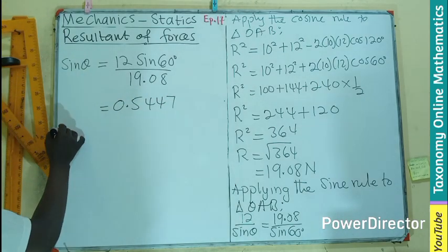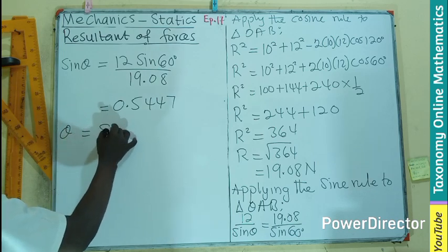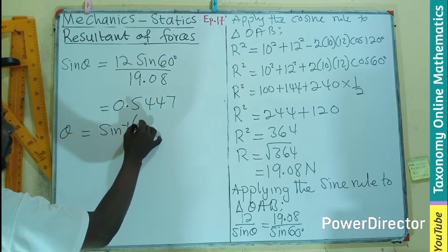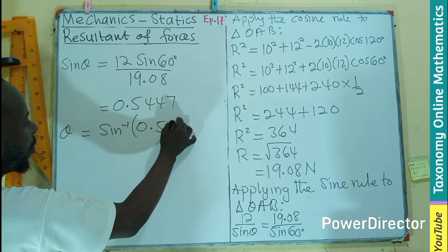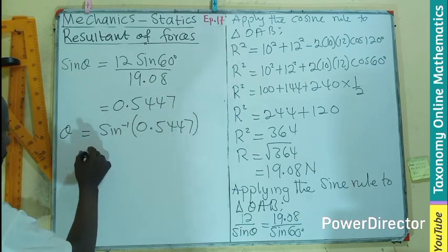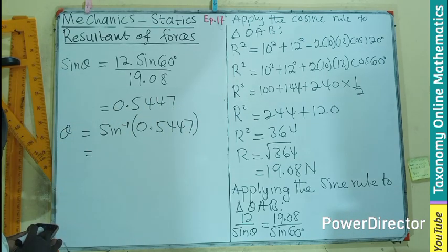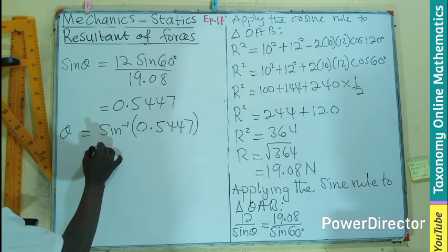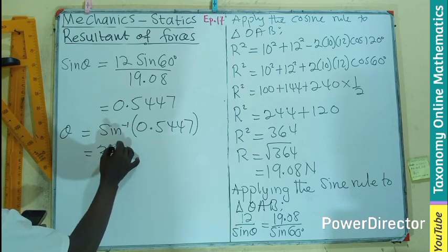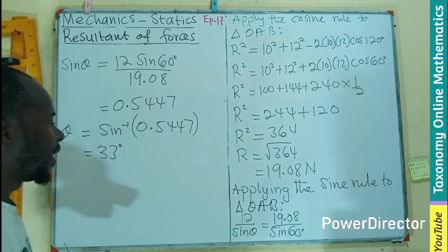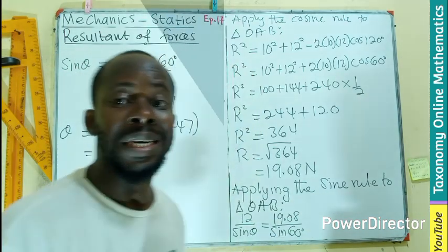But you need theta. So theta equals the sine inverse of 0.5447. And that will give you 33.004. So let's go to the nearest whole degree.